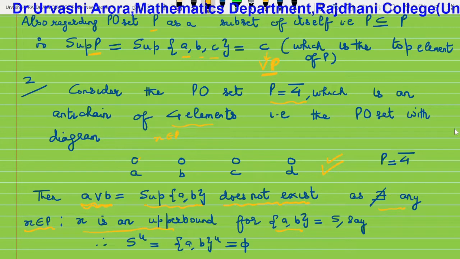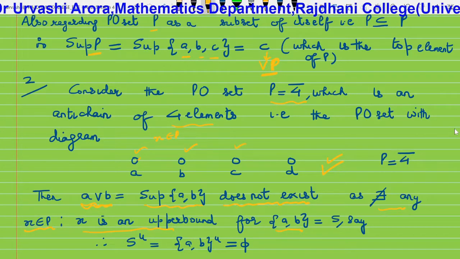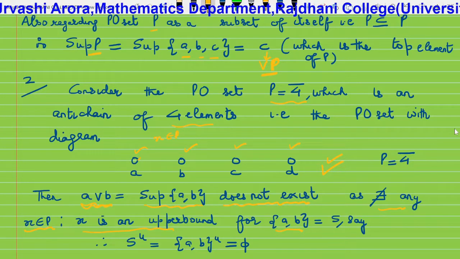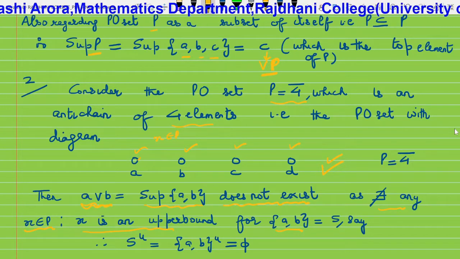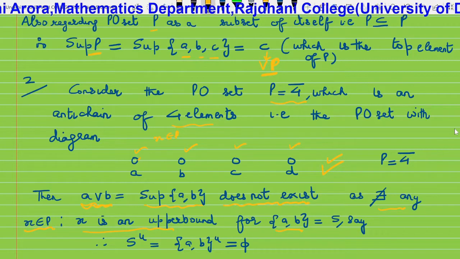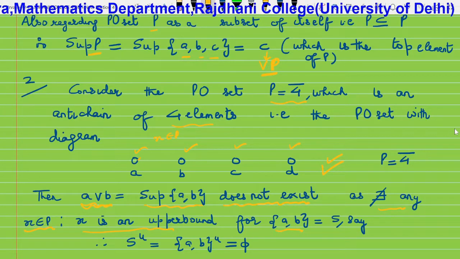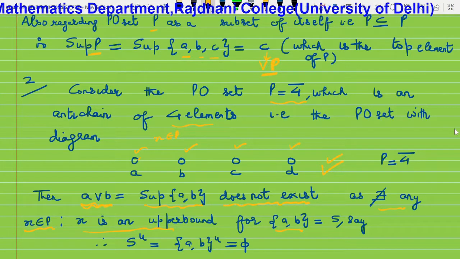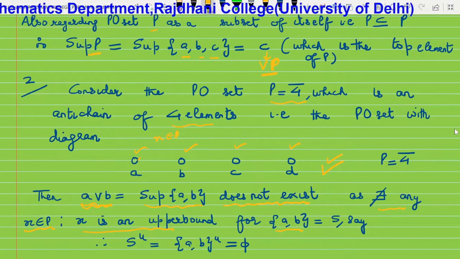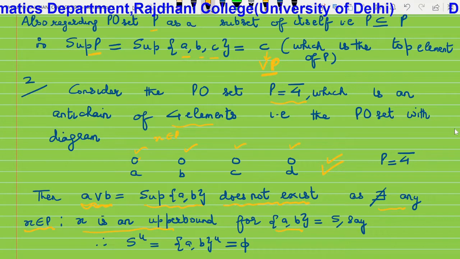In fact, these are the only 4 elements present in the PO set P, and they are not related to each other. None of them is lower than the other, or greater than the other. So none of them is an upper bound of any pair of elements.